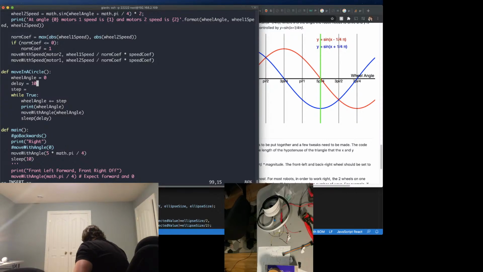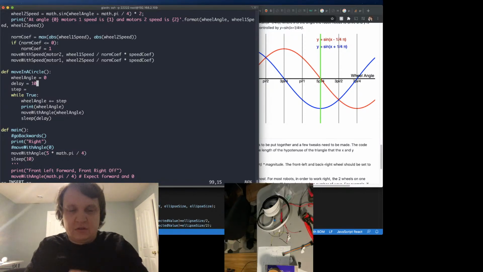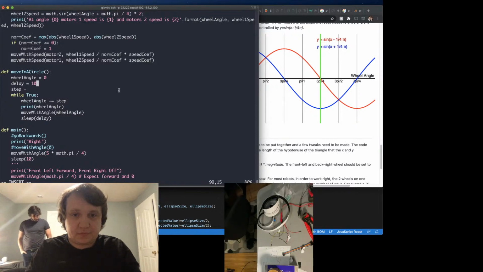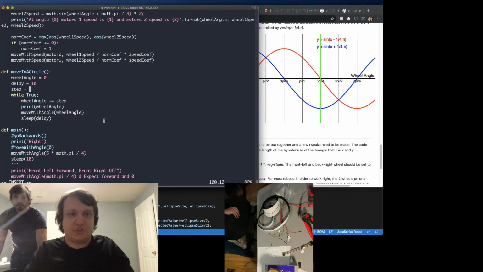So like 10 seconds for the entire circle. 10 seconds, like 2.5 seconds each. So if you said it was 10 seconds, how many times do you want to divide the circle?